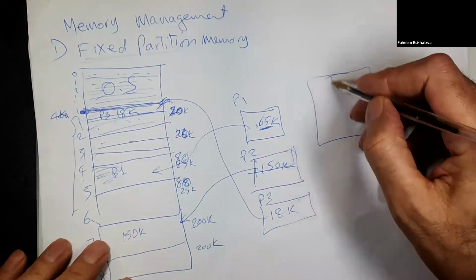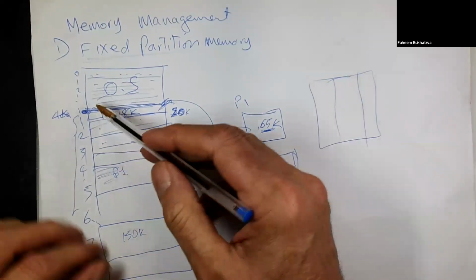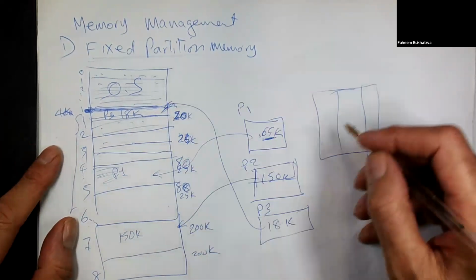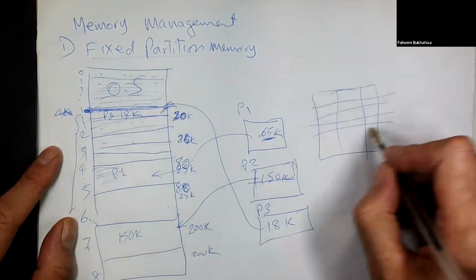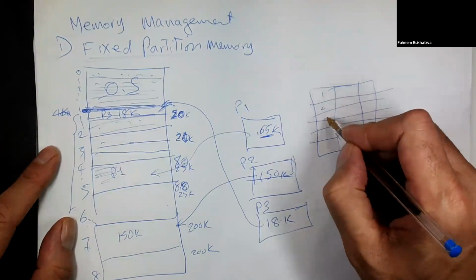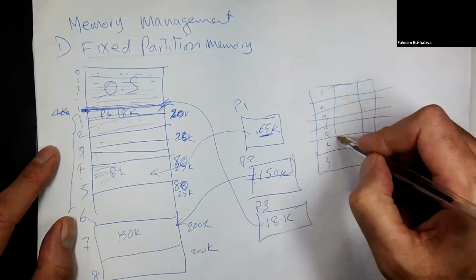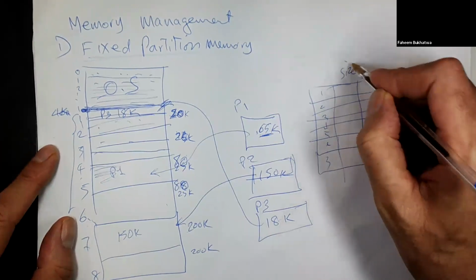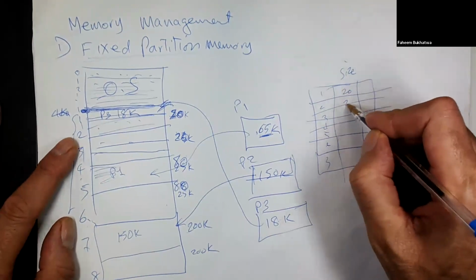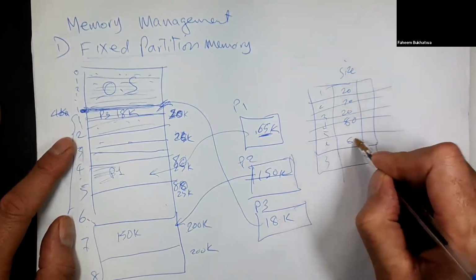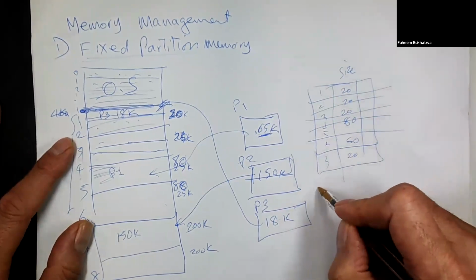So we'll probably have a table here. First, all these blocks in memory: block number 1, 2, 3, 4, 5, 6, 7, and all that. And for each one of them, the size of the block, for example, this is 20K, 20K, whatever it is. The others are 80, 80, and 200 and 200.